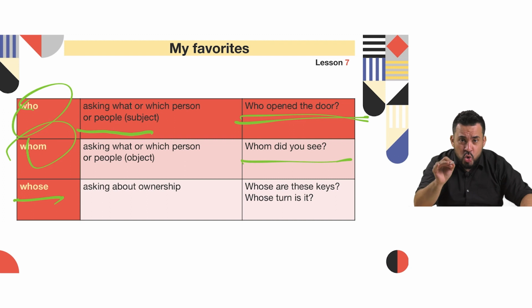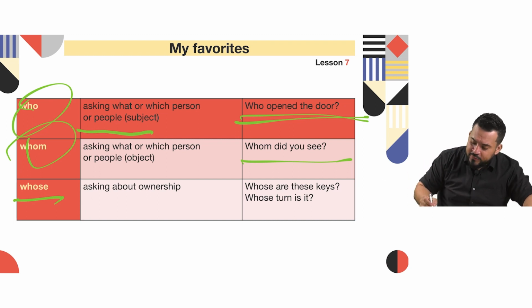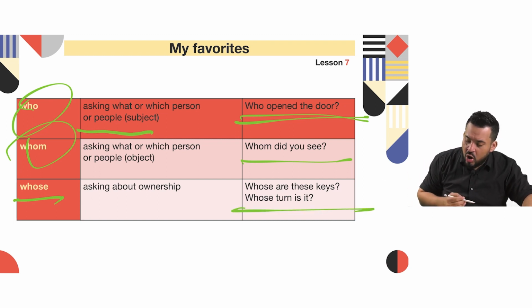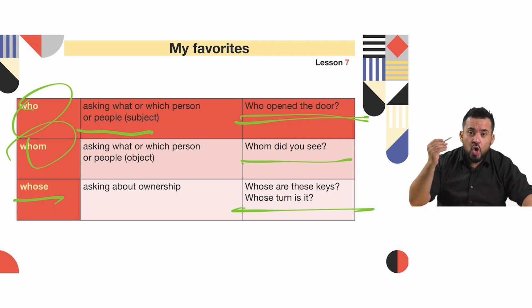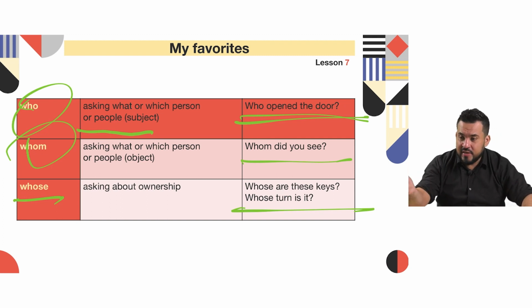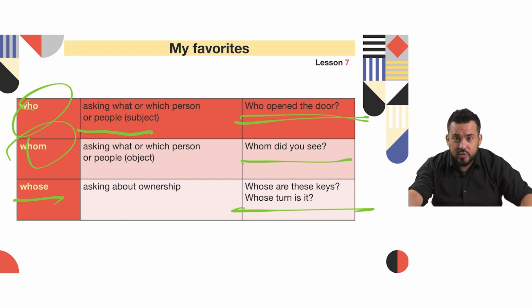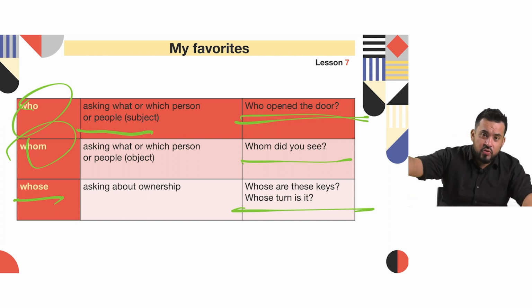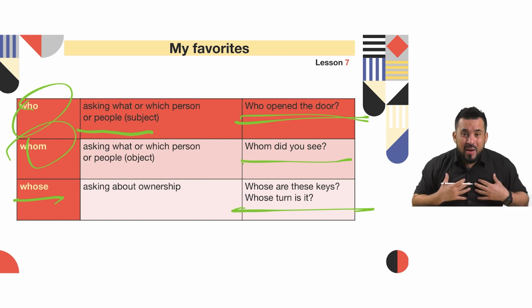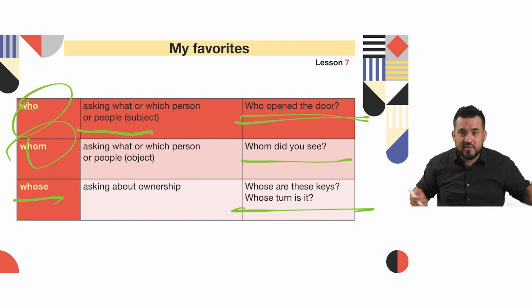Whose. Whose is to talk about ownership, possession. I mean, whose something belongs to who. For example, whose are these keys? That means who those keys belong to. They belong to this person, or they belong to that person, or they're my keys, they're your keys.